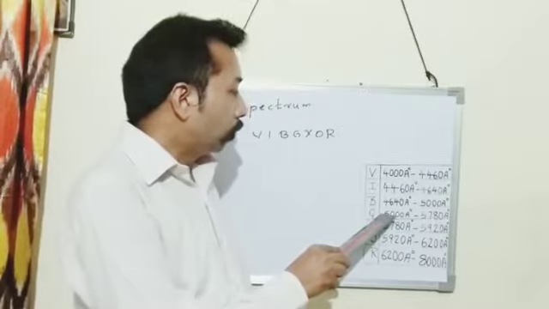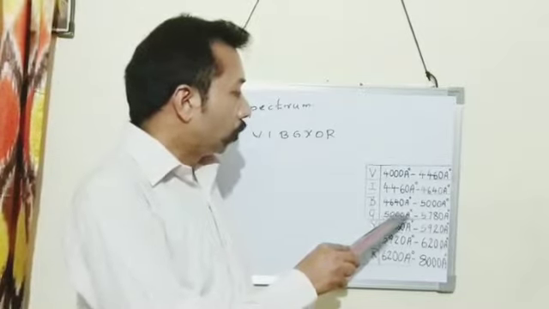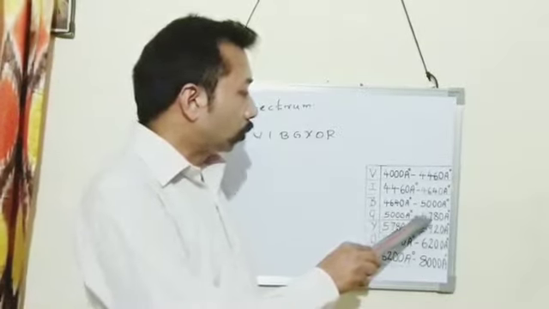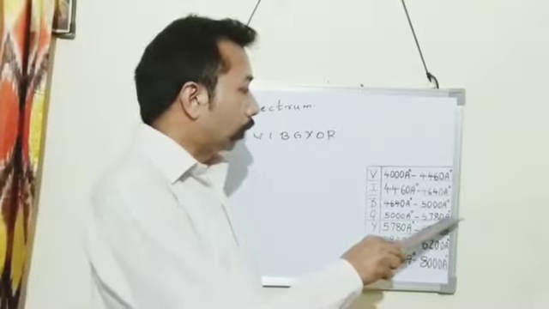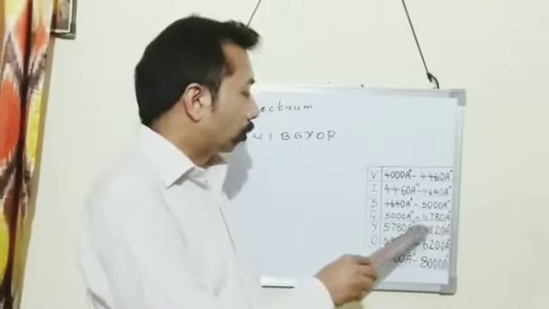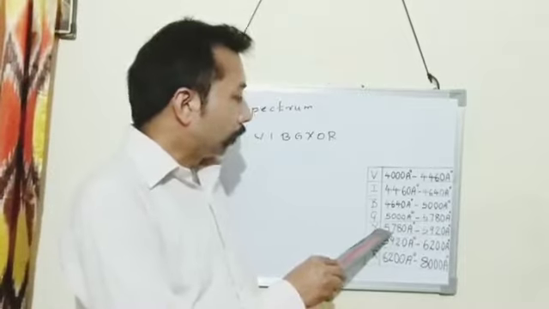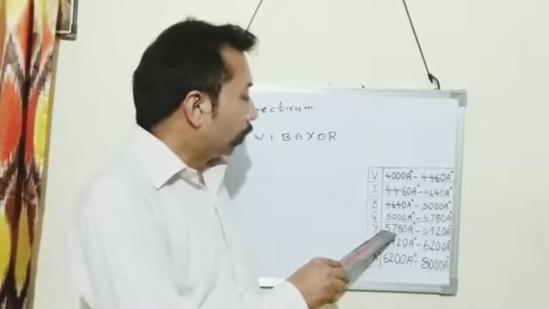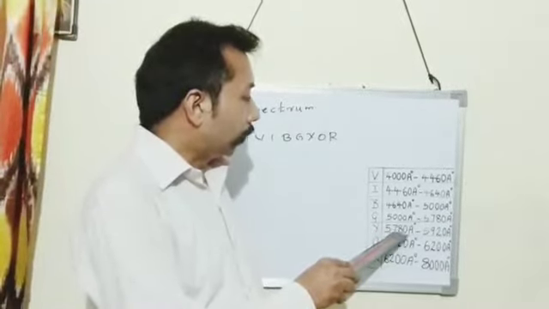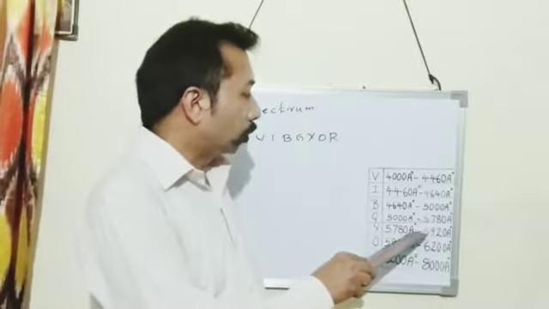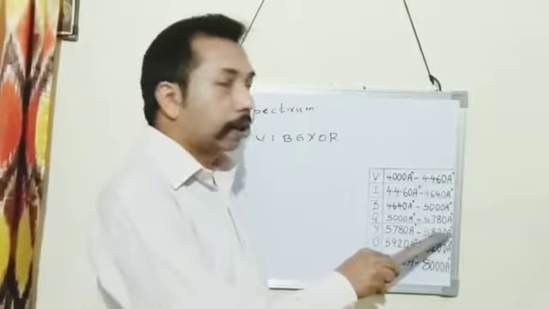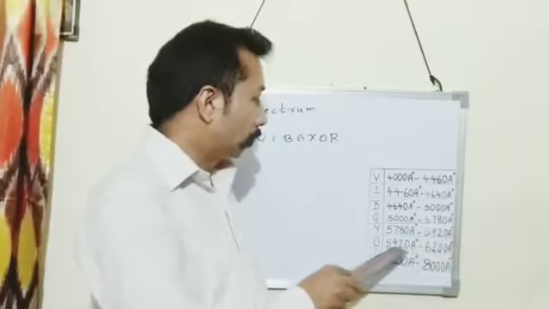Green has a wavelength range from 5000 angstrom to 5780 angstrom. Yellow has a wavelength from 5780 angstrom to 5920 angstrom.